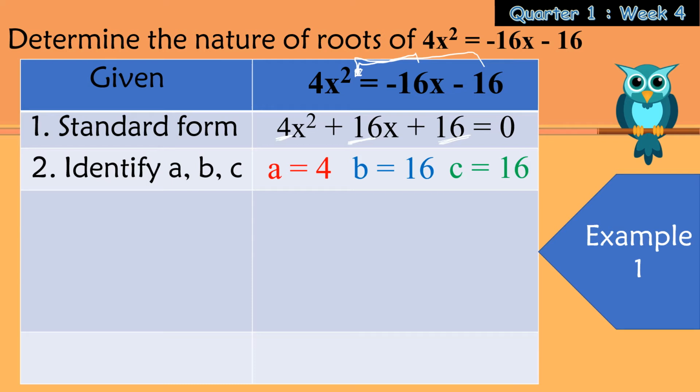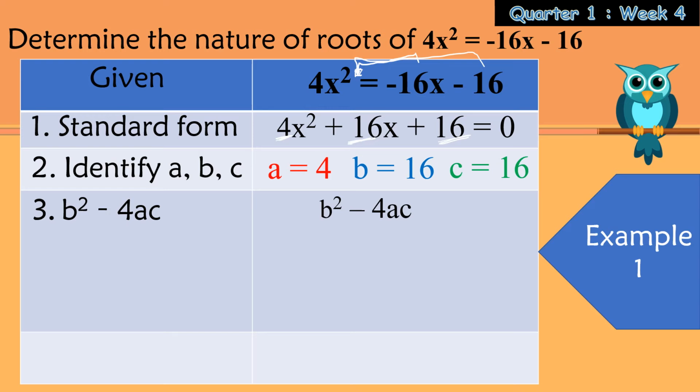Then afterwards, we have to use this expression b squared minus 4ac for us to know the value of our discriminant. So we have to simply substitute the values from the formula that we have.